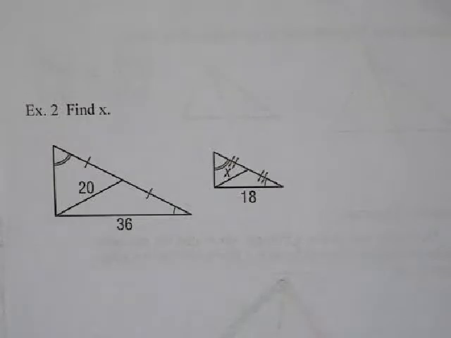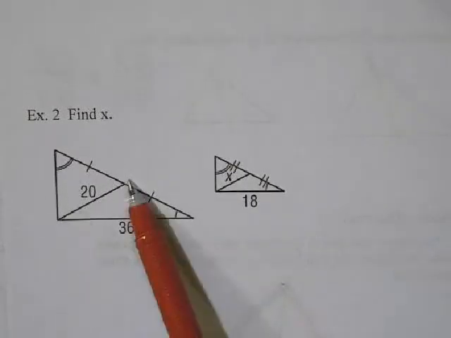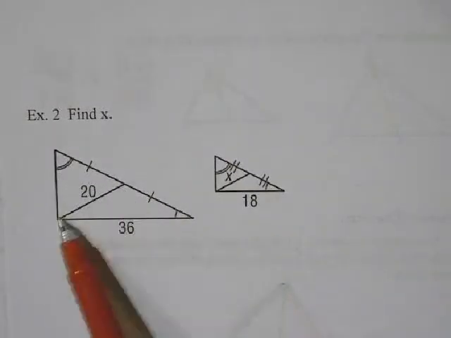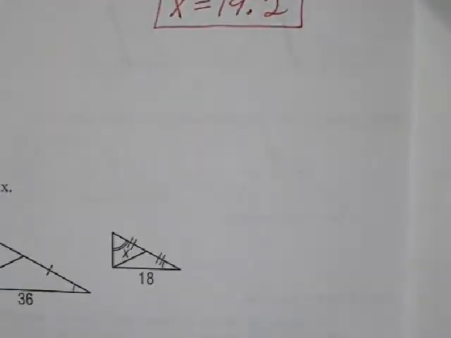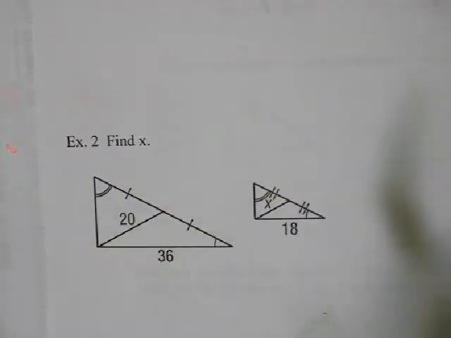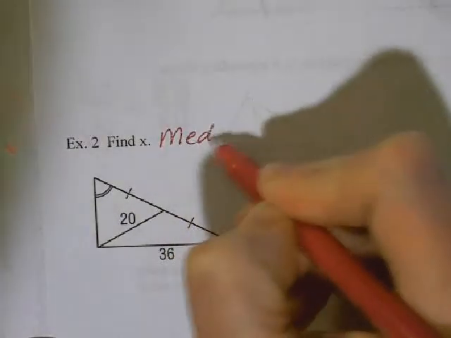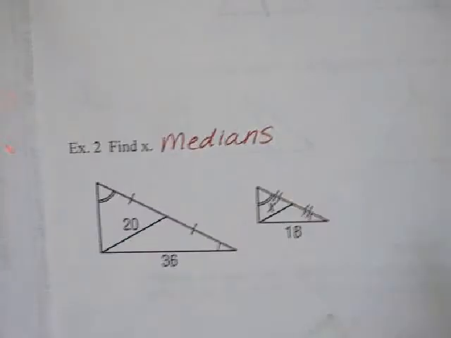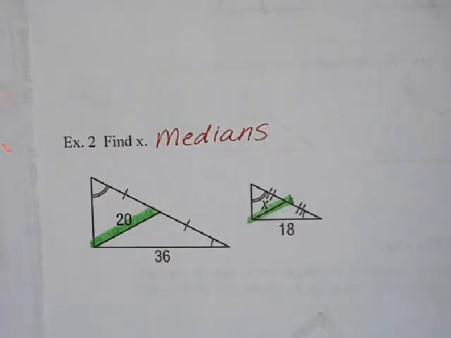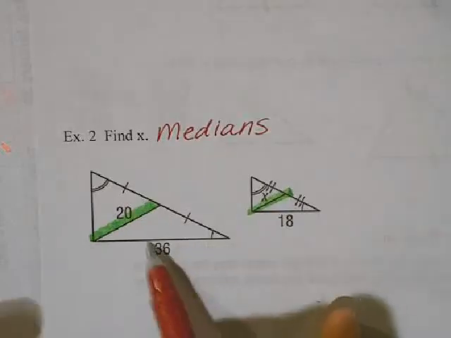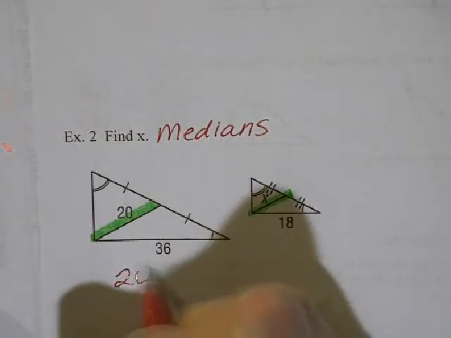So example 2, we have a couple of special segments, and which ones are these special segments? So if you notice the markings, they're saying that this is congruent to this, so that must mean that they are medians. Alright, so on example 2 we have medians. So we know that 20 goes with x, and then we can just mark up some corresponding sides, 36 and 18.